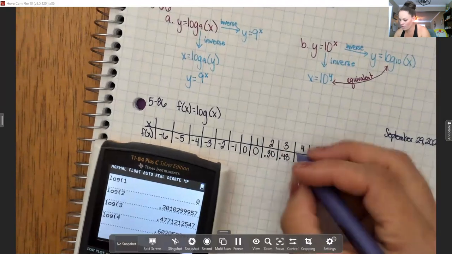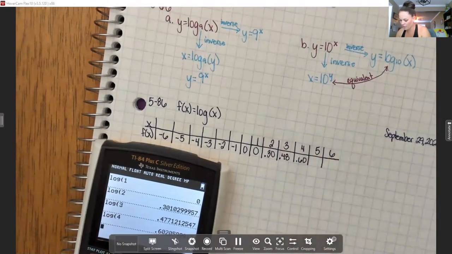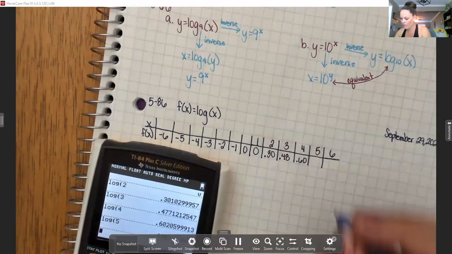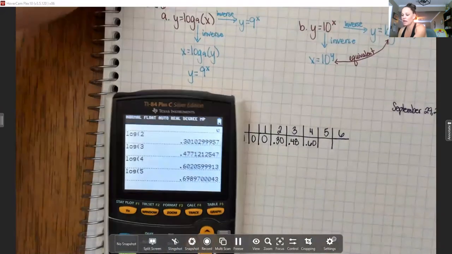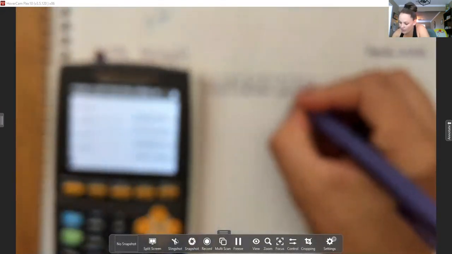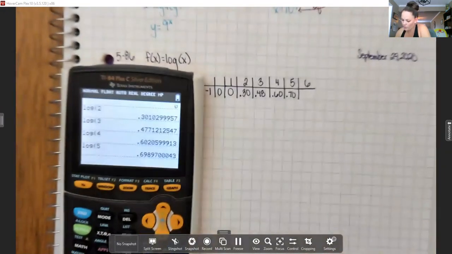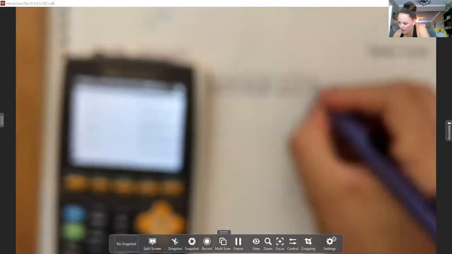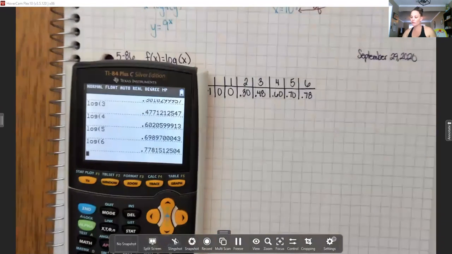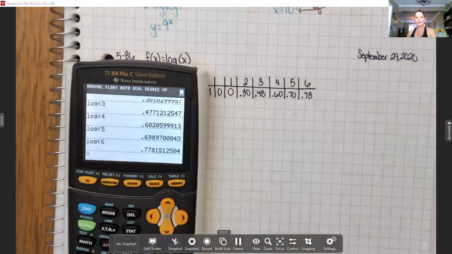Log of 4 is 0.60. Log of 5, sorry, my paper got twisted, if we're rounding and I was using 2 decimal places, would be 0.70. Log of 6 is 0.78. So again, those ones we can do just by using our calculator.